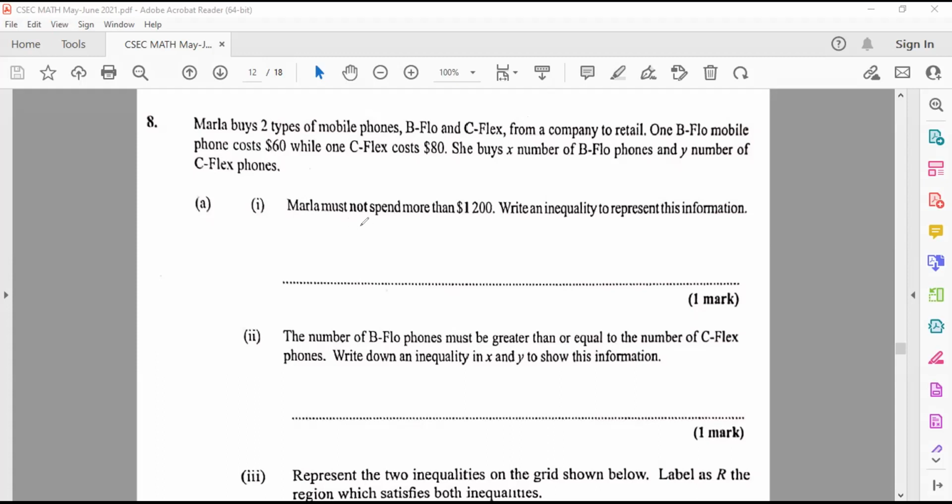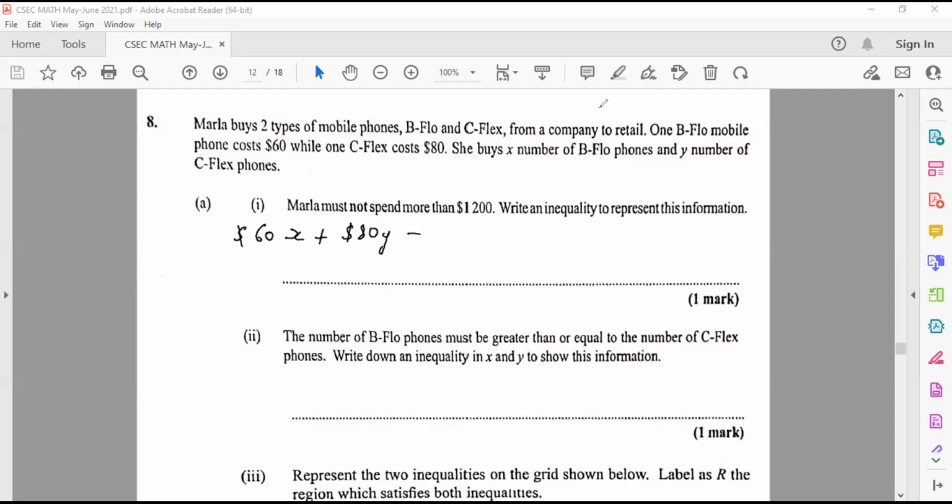So one B Flow phone costs $60, right? Therefore, X number of B Flow phones is 60 times X dollars, plus $80 for each of the Y Flex phones. When I add up all of that, I'm not supposed to get more than 1,200.